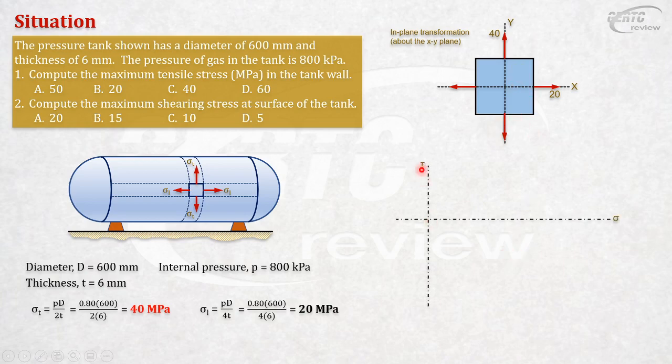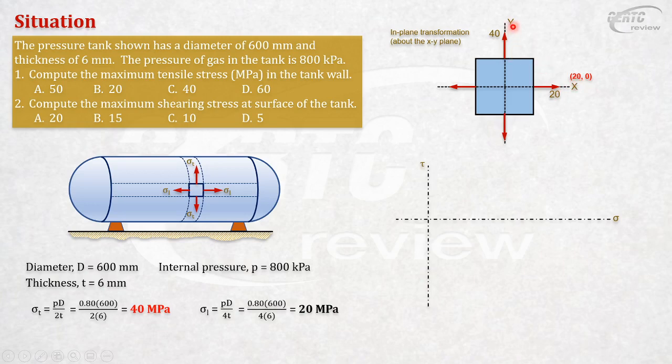Okay, this is our plot, sigma and tau. The two points: first, these are our principal stresses, there is no tau. So, 20 is the sigma, and we will locate X and Y here. Our X has coordinate 20, 0. Zero shearing stress, 20 normal stress, positive 20.